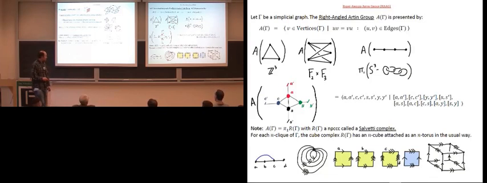In general, this is the way the game goes. If you have a RAG, you have some simplicial graph. You add an n cube in this manner for every collection of pairwise commuting generators. I haven't explained it in detail, but you can recover it now.